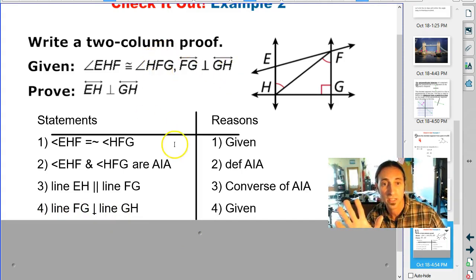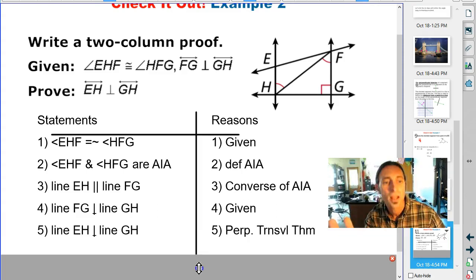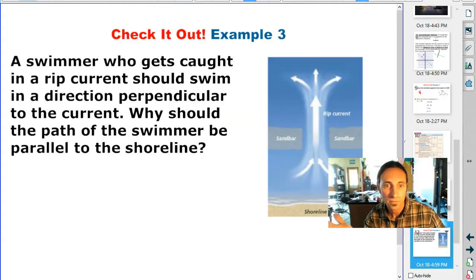FG is perpendicular to GH. That was given, right? You say I'm doing this a little out of order, but you follow my logic. Now I know that EH has to be perpendicular to GH because of the perpendicular transversal theorem that was just on the previous page. Again, if you need to go through it one more time, just rewind. That's okay. I'm already at 11 minutes. It's getting long enough.